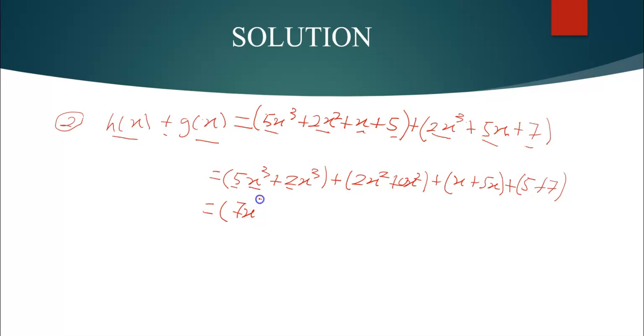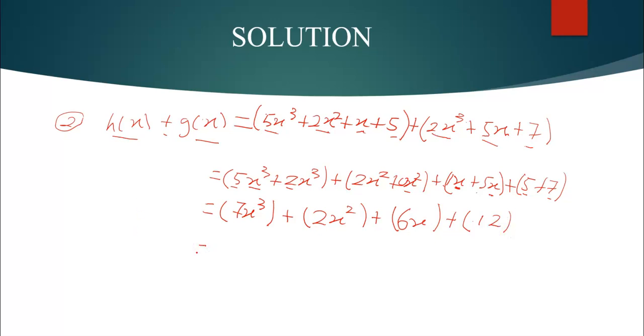So x cubed. There is 0. So we still have 2s squared. X has a coefficient of 1. So 1 plus 5, 6. Add your units to it. See this one as your units. So add it, 6x plus 5 plus 7, 12.